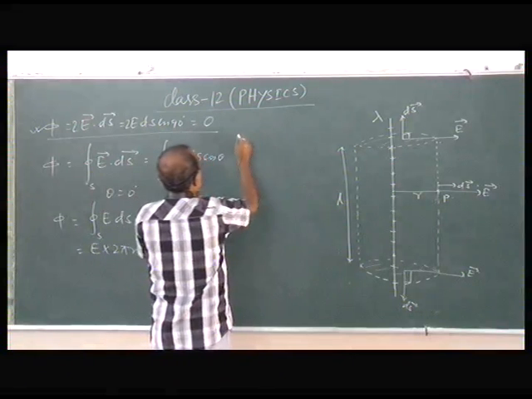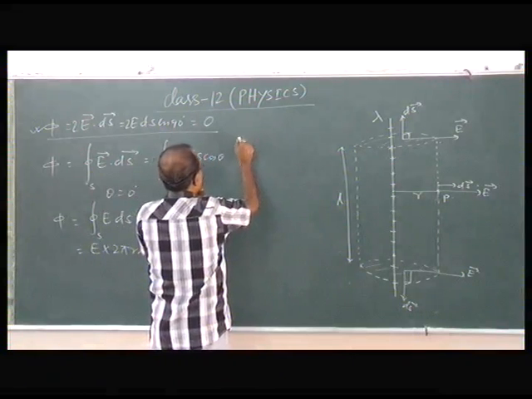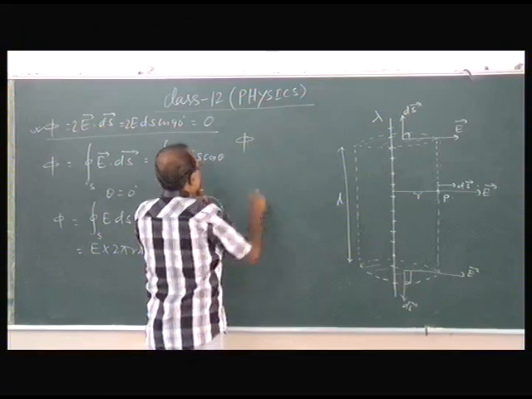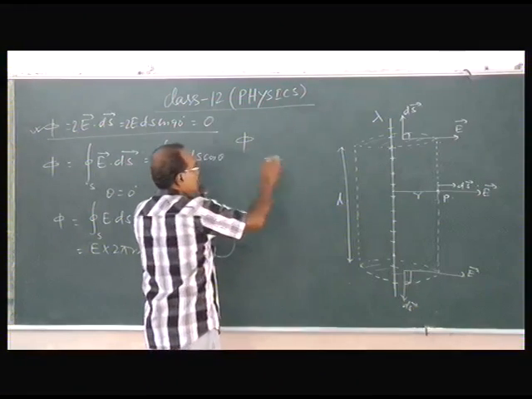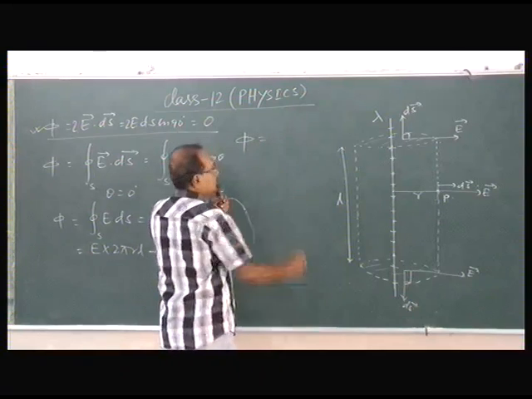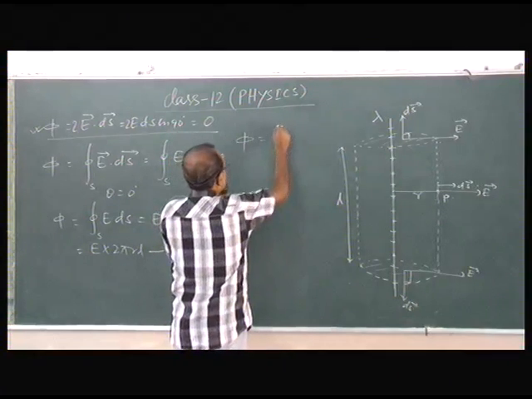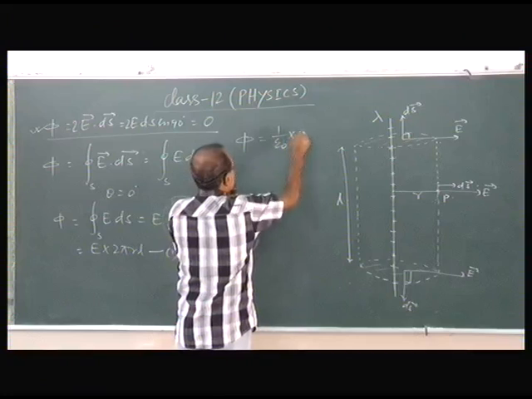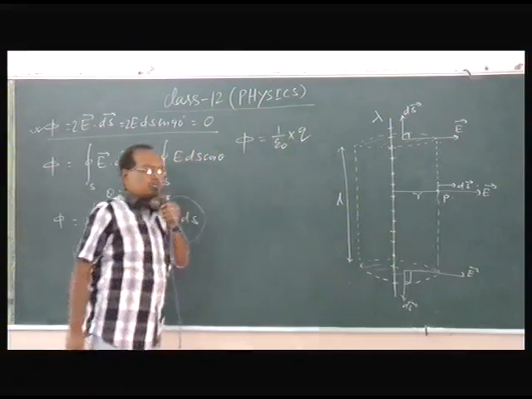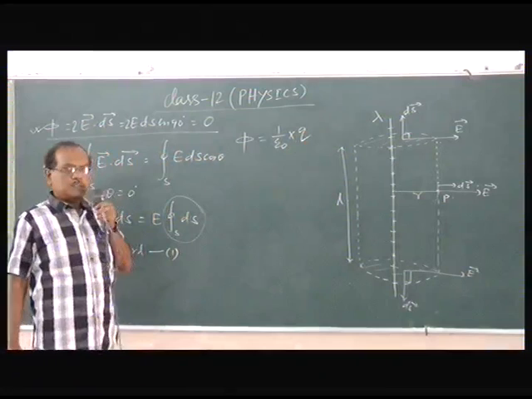Now, by Gauss's theorem, the total electric flux passing through a closed surface is 1 by epsilon naught times the total charge enclosed by the surface.